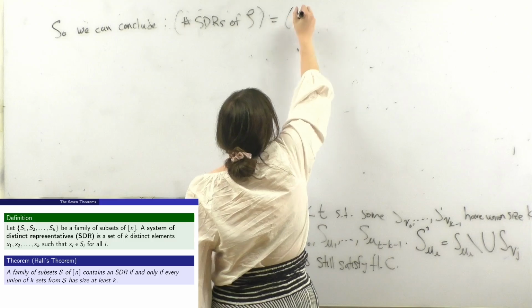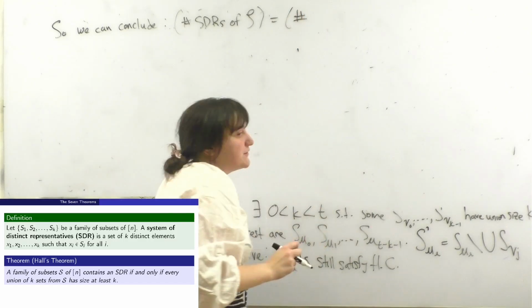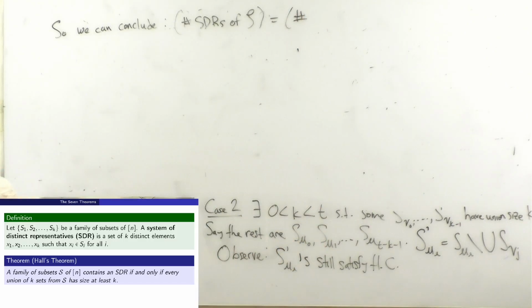Well, this is going to be a product of SDRs that I find among the S nus and then SDRs that I find among the S mu primes, because I know that any SDR of the whole thing has to have exactly this form: an SDR on this subset where Hall's condition was tight, using exactly these K elements, and then an SDR on the rest of it where none of the K elements that I need for the S mu sets are reused.